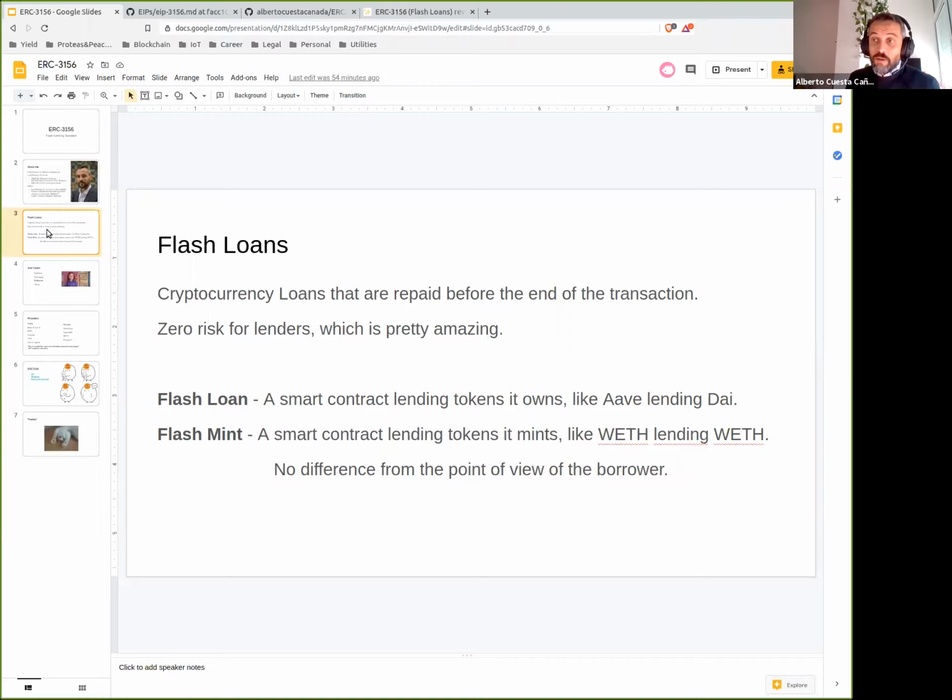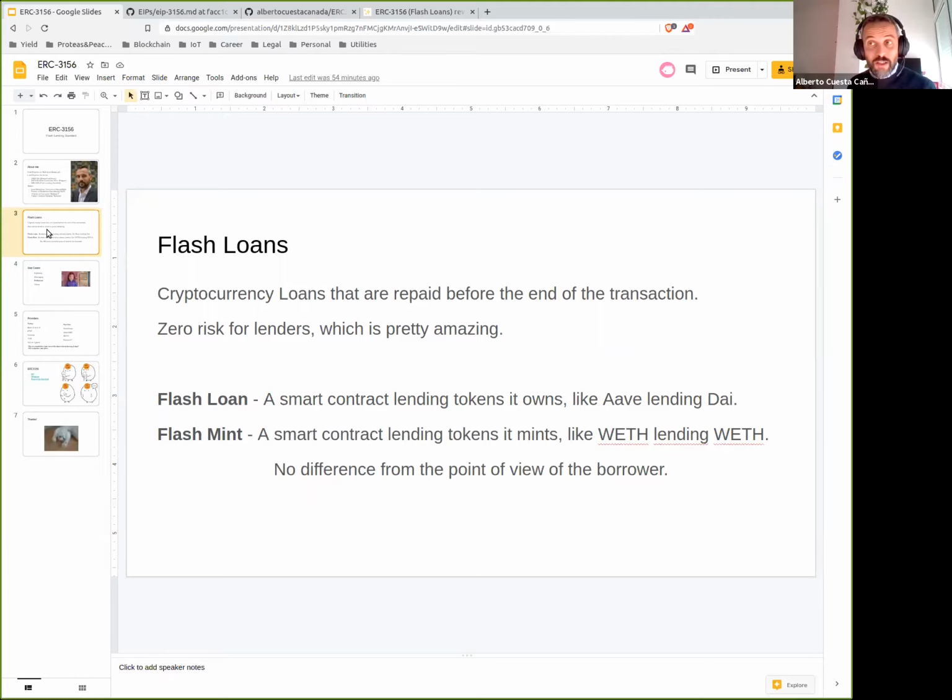I don't need anyone to have given me WETH for me to lend, because I create it from nothing. So if I want to give you a flash loan of 1 trillion WETH, I can, because I just create them. And that opens a certain amount of fun possibilities and risks much greater.